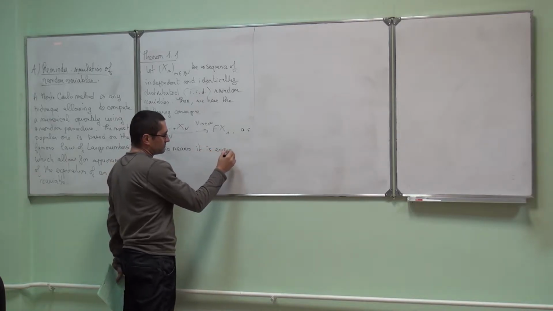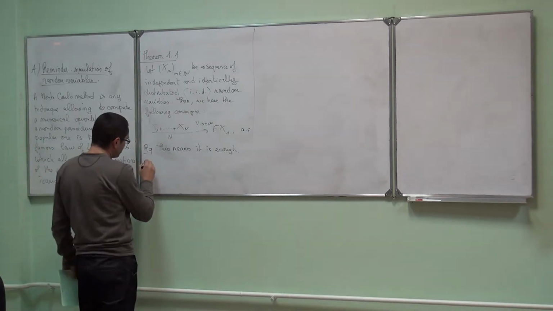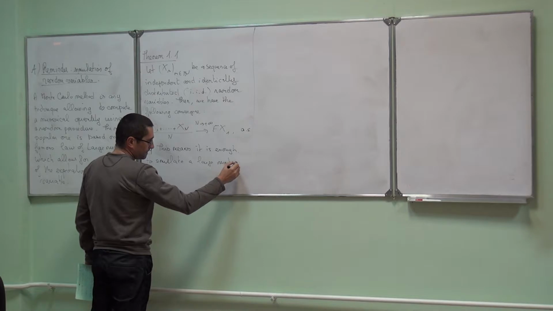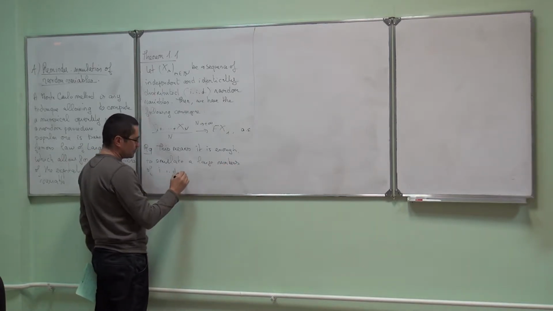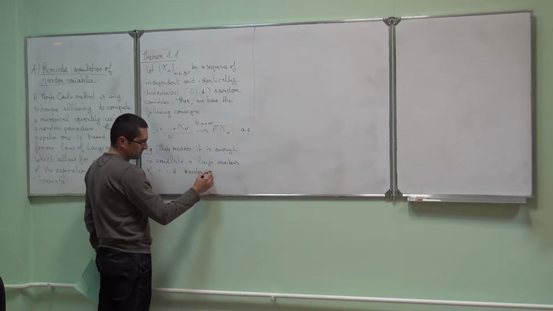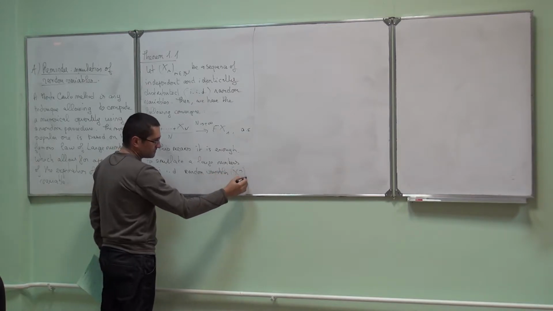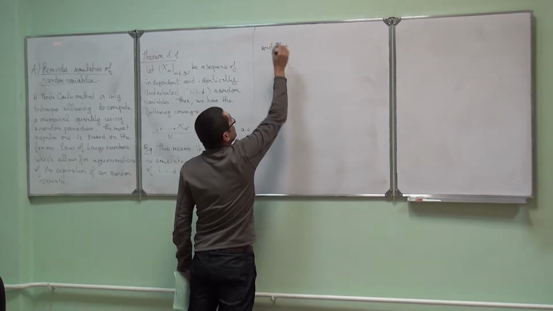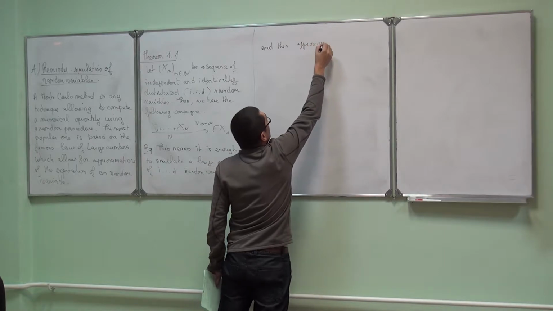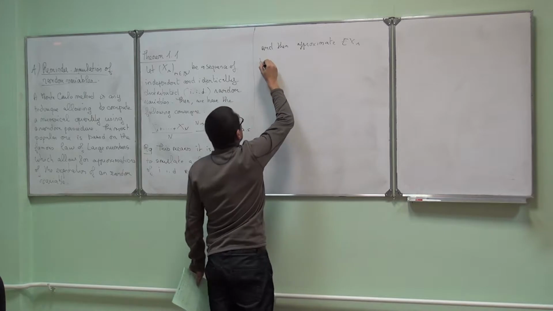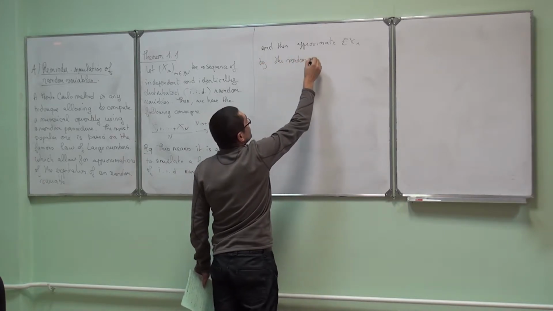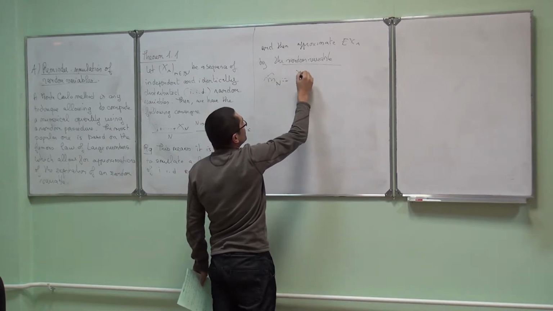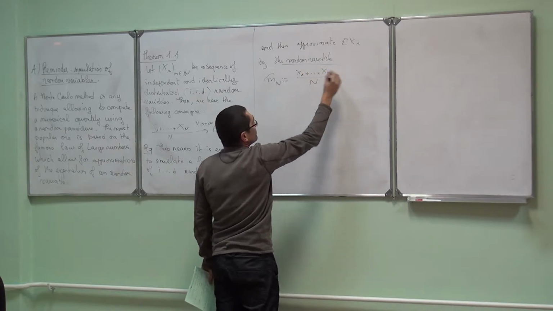It is enough to simulate a large number of IID random variables X_n, and then approximate the expectation of X_1 by the random variable M hat N, equal by definition to (X_1 + ... + X_N)/N.